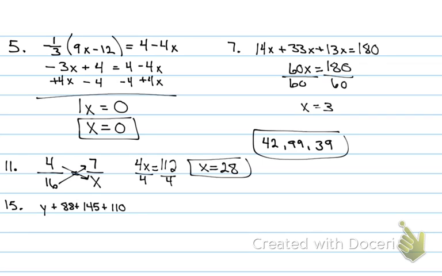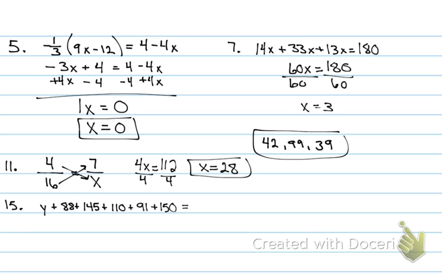Do you think all these angles add up to 180? No. Okay, we've got to use some common sense here, guys. We also know that you can't have a negative angle measure. So all of these numbers have to be lower than the total.